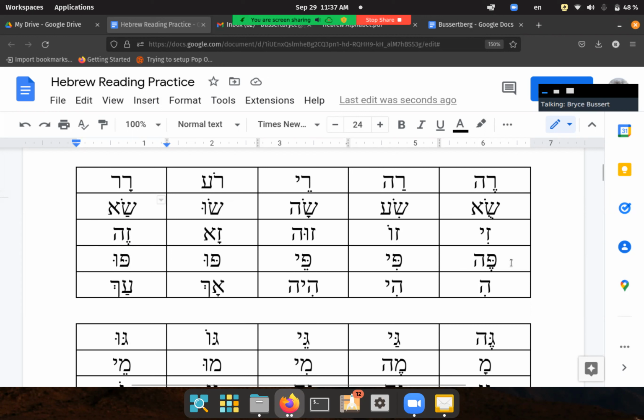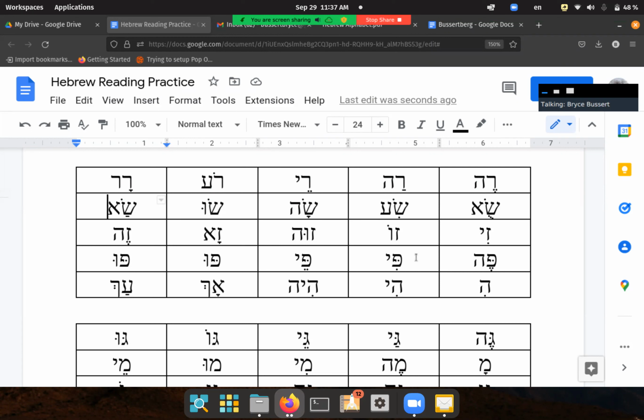Z. All right. Fourth row. He. This pay has a dagesh in it because it's the first letter in this syllable, and so it's pronounced with a P sound and not an F sound. So this is pe.